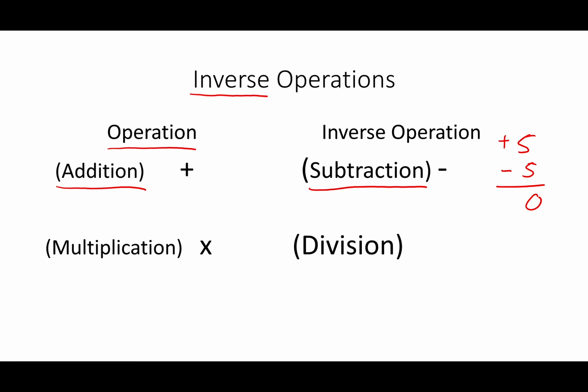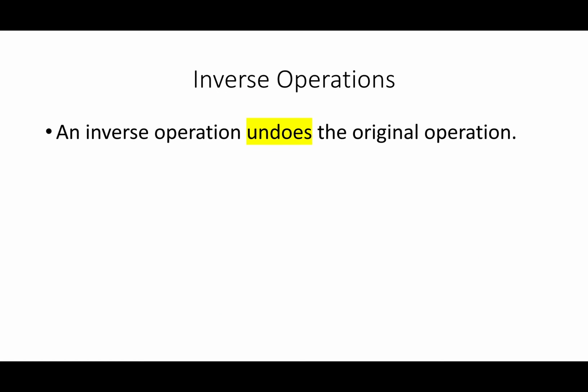Likewise, division undoes multiplication. If we multiplied something by 5, to undo that we would divide by 5. Inverse operations just undo the original operation.